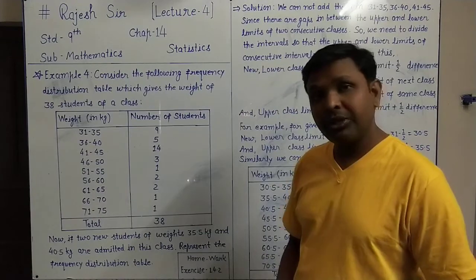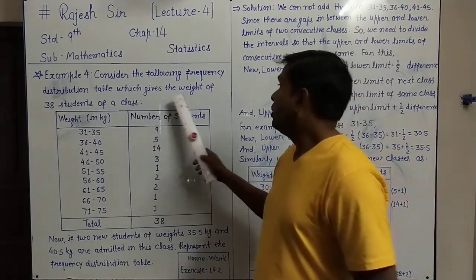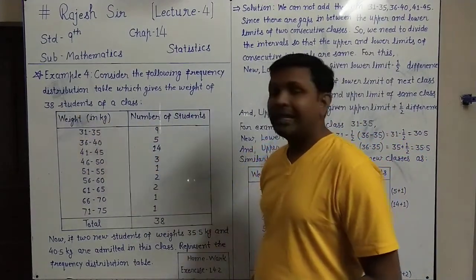Here the frequency distribution table is already given of the weights of 38 students of a class.